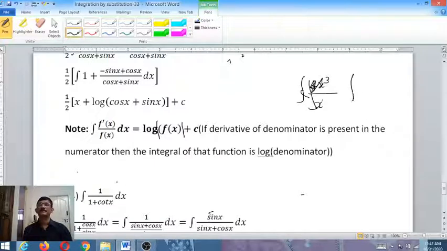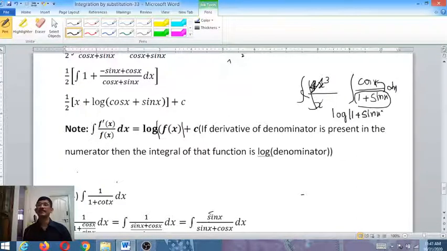Now let us take this: cos x is there, and 1 plus sin x is there. Now look at the denominator. If the derivative of this denominator is present in the numerator, the derivative of 1 plus sin x is cos x. So the integral of this function is just log of the denominator.